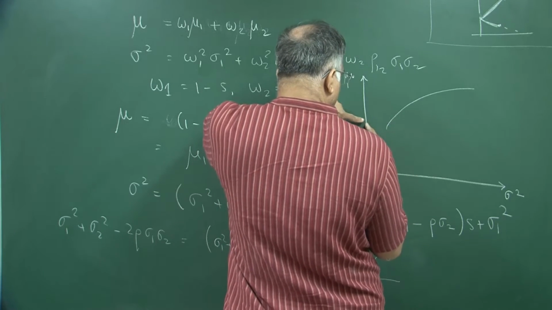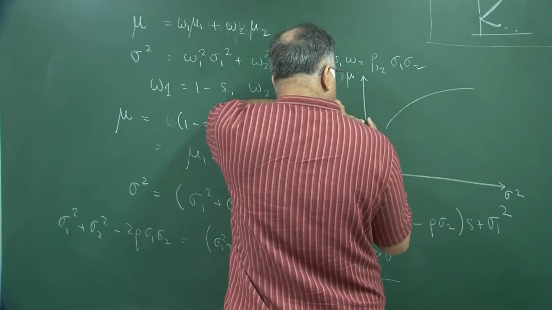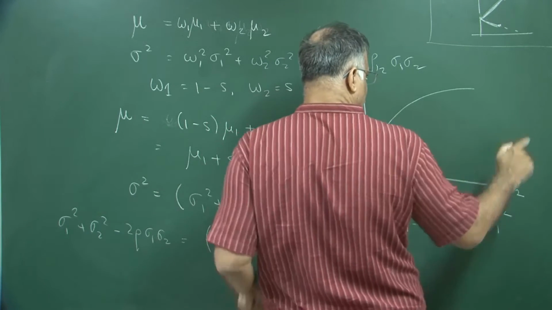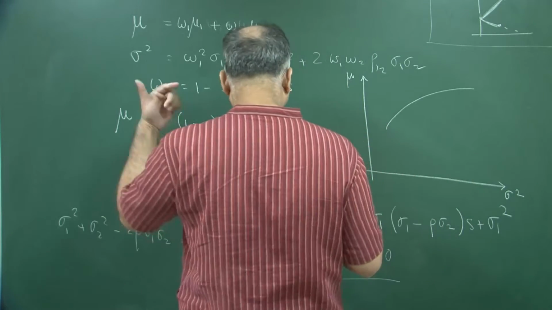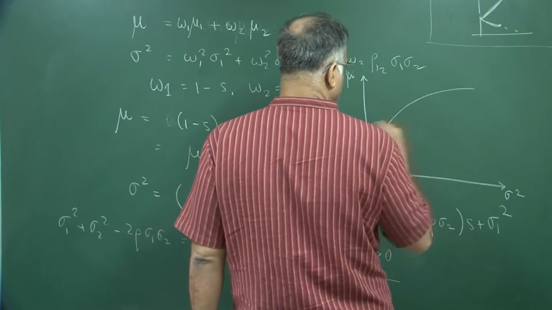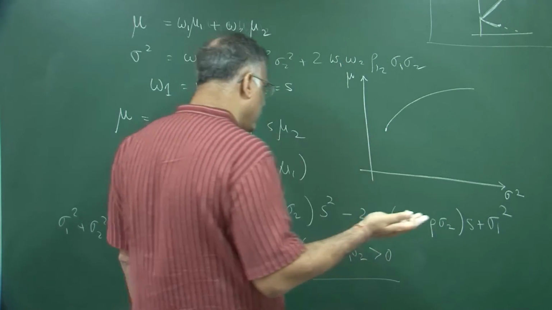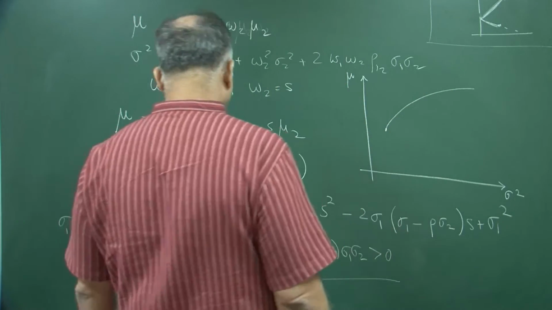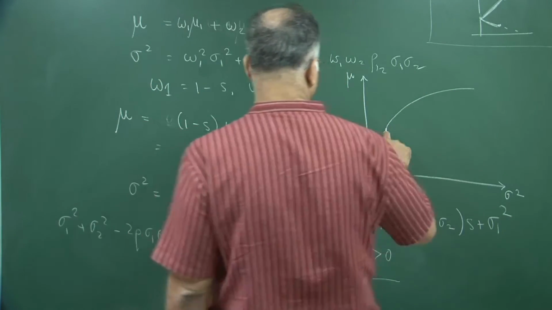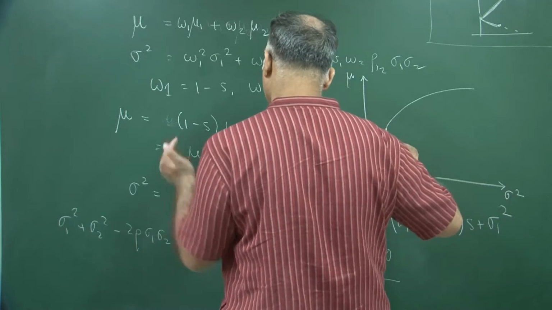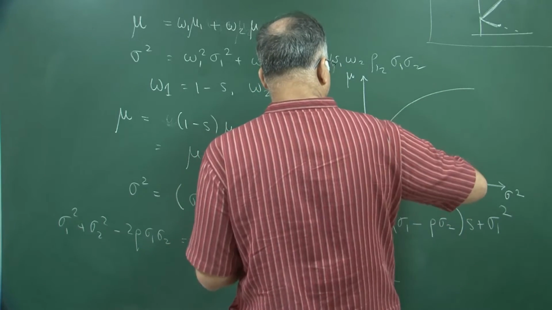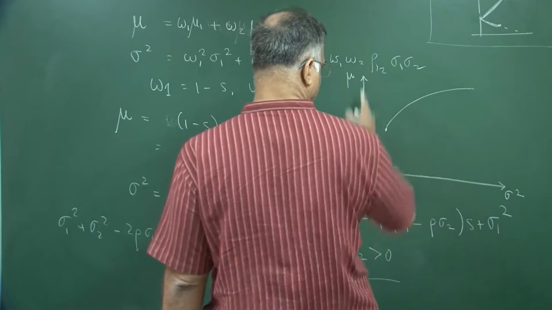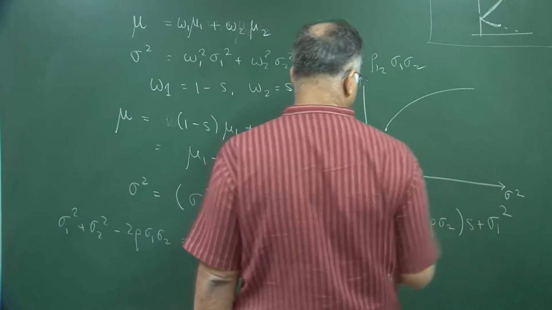So, from one point mu is increasing, sigma square is increasing, and this is the part where S is non-negative. Suppose this is the point from where S is actually non-negative, and then as S increases, mu increases, and sigma square is also increasing.